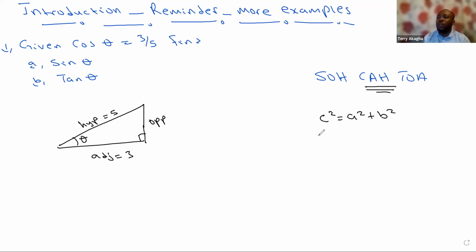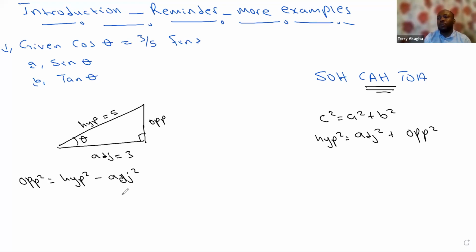That means the hypotenuse squared is equal to the adjacent squared plus the opposite squared. You remember this? So now we can say the opposite squared will be equal to the hypotenuse squared minus the adjacent squared.